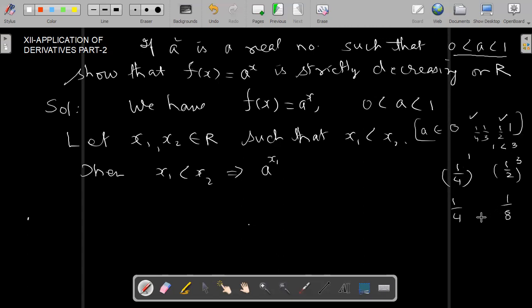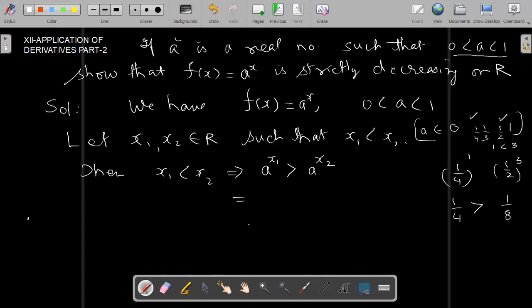So which is greater? 1 by 4 will be greater than 1 by 8, obviously. So therefore a raised to power x1 will be greater than a raised to power x2 because of this property. So this you should keep in mind.